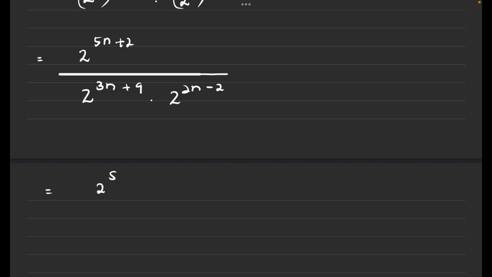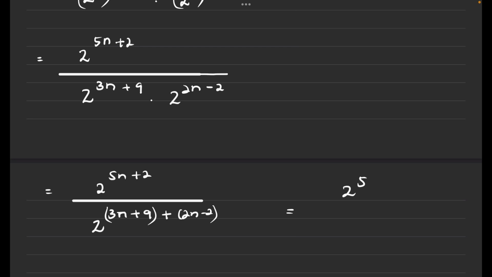You know, the bases are the same. So what I'm going to do is that I'm going to add the exponents. The base is 2. So I'm going to add 3n plus 9. I'm going to add what? 2n minus 2, right? So what does that equal to? The numerator remains the same, 2 to the 5n plus 2.